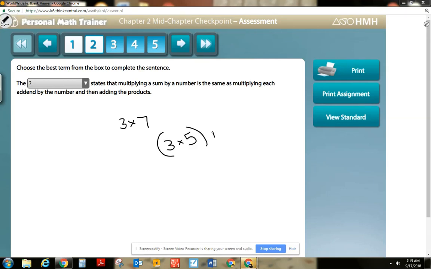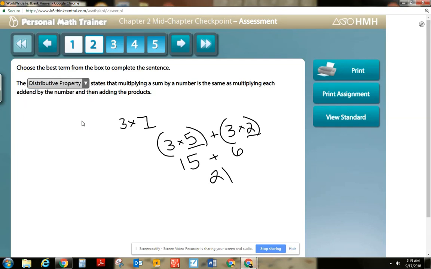And then adding that to 3 times 2. So we're distributing that 7 as a 5 and a 2. We know that 3 times 5 is 15. We know that 3 times 2 is 6. And we still get 21. So it's the same. We're just distributing this factor, right? And we get to the same end product.